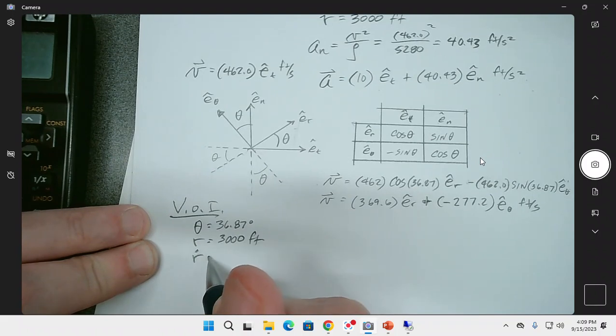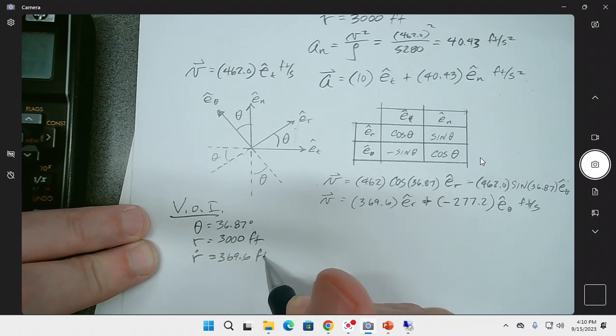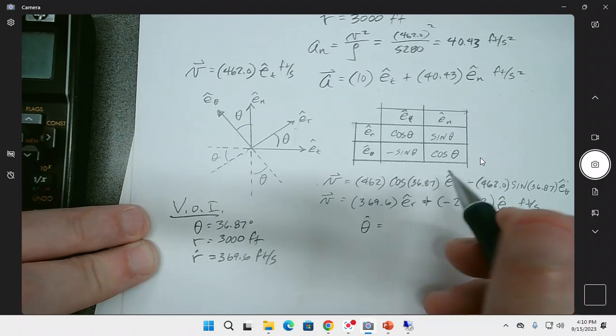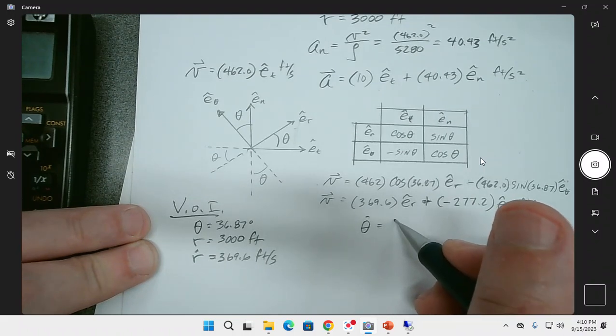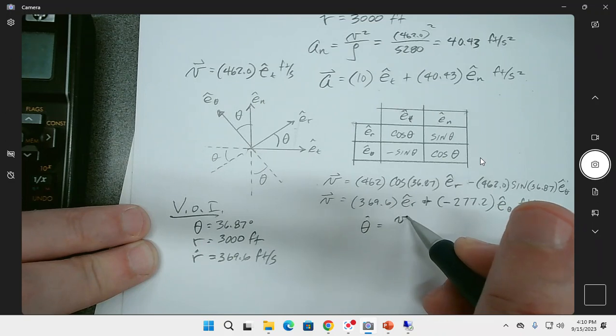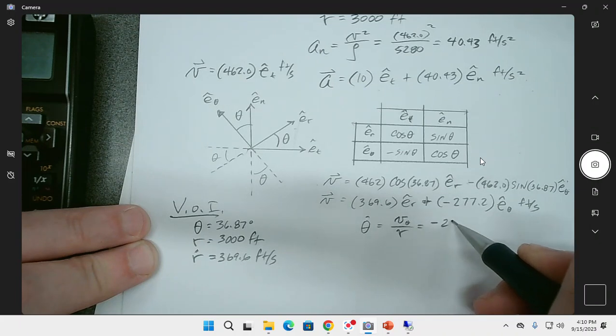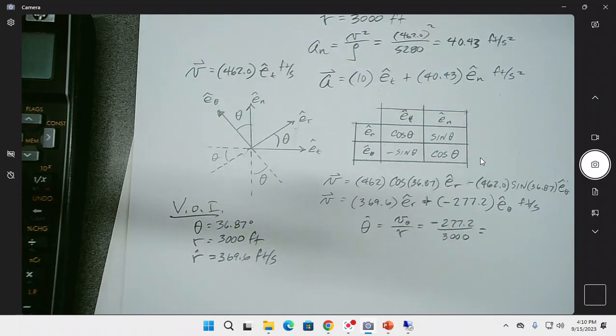R dot is equal to 369.6 feet per second, and theta dot is going to be equal to V theta divided by R, or negative 277.2 divided by 3,000. Negative 0.09240 radians per second.